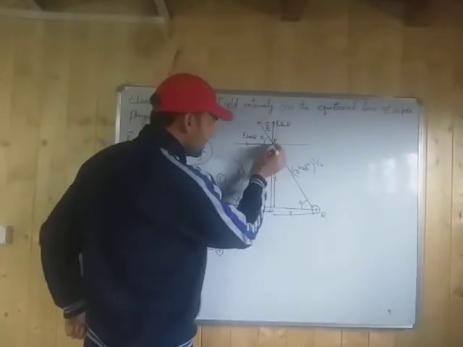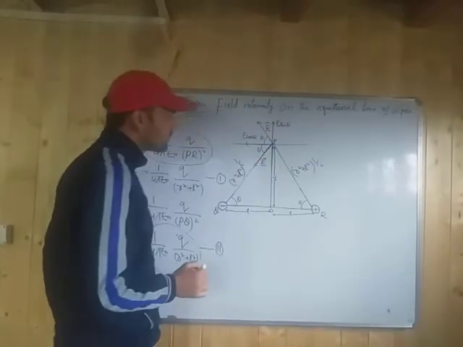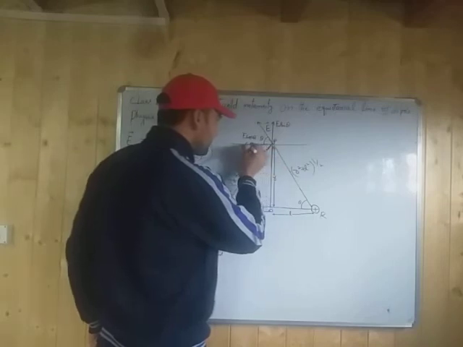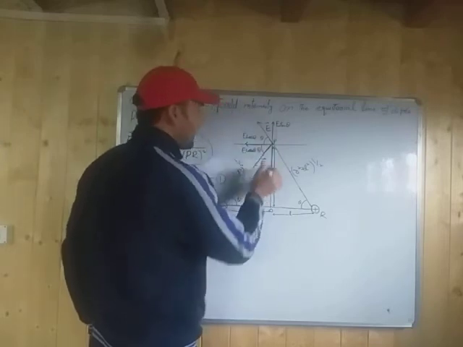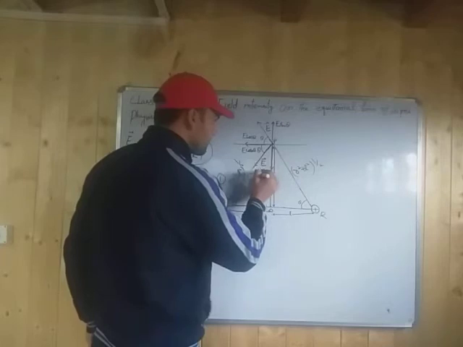Similarly, this length E can also be resolved into two components. One component along the direction of P, in this direction, we'll write as E cos of theta. And the other component, perpendicular to this, in this direction, will be E sine of theta.